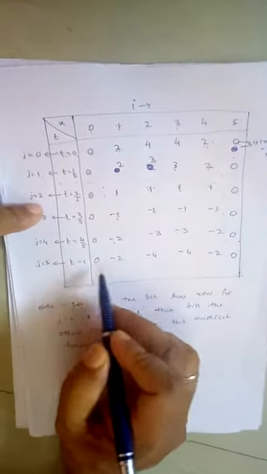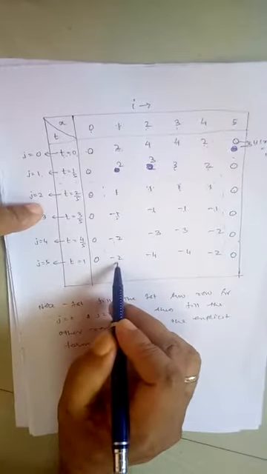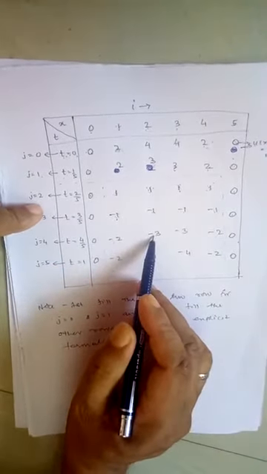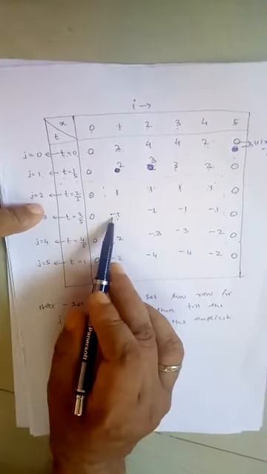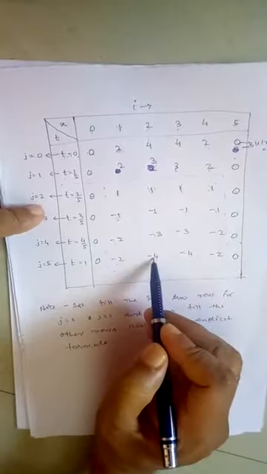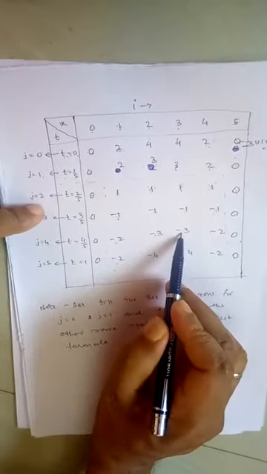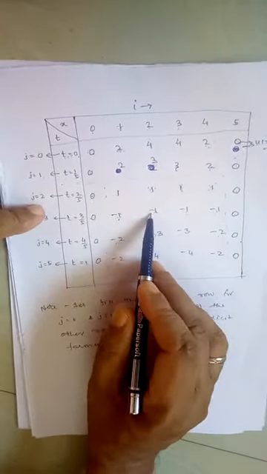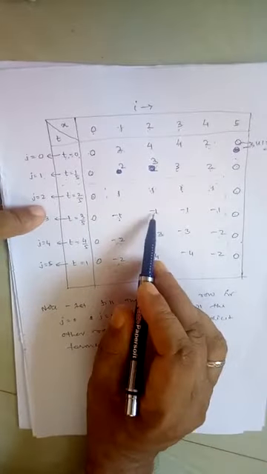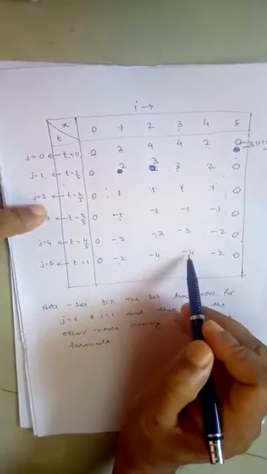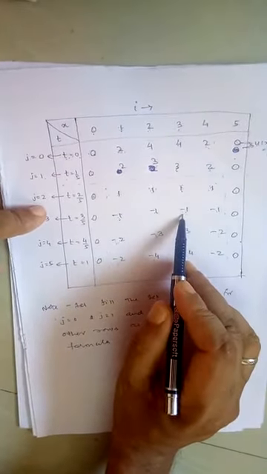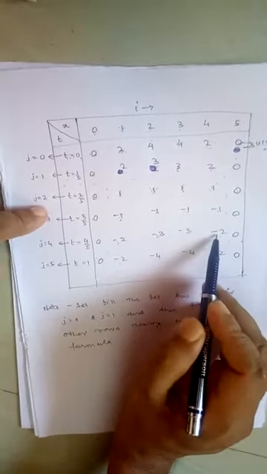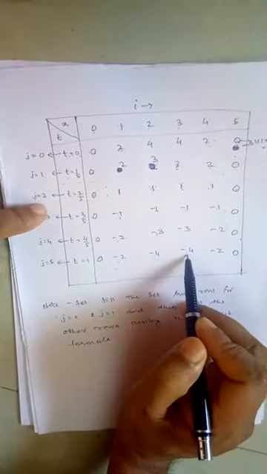And at this position, 0, minus 3, minus of minus 1 is plus 1. So minus 3 plus 1 is minus 2. At this position, minus 2, minus 3, minus 5, minus of minus 1 is plus 1, minus 5 plus 1 is minus 4. At this position, minus 3, minus 2, minus 5, minus of minus 1 is plus 1, so minus 5 plus 1 is minus 4.